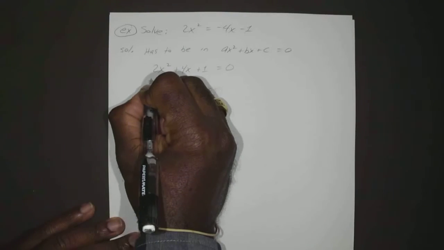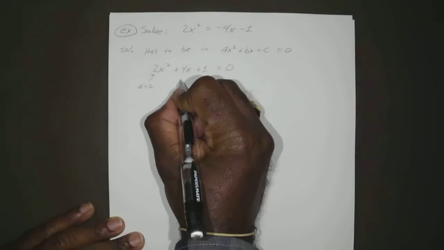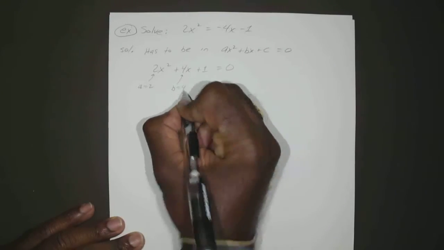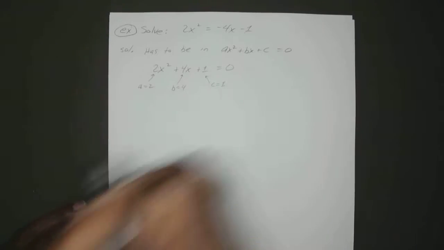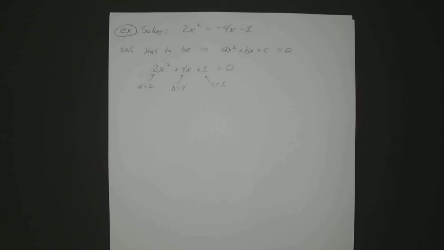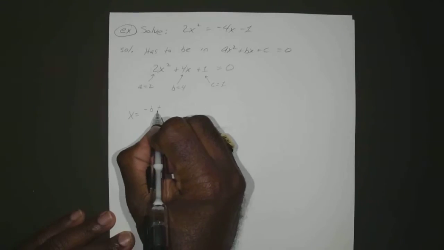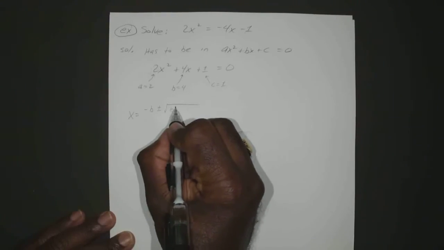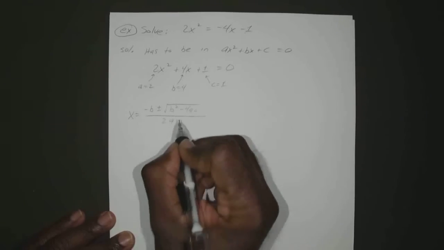Okay, so we know now our a is equal to 2, our b is equal to 4, and our c is equal to 1. Okay, so we know that x is equal to negative b plus or minus the square root of b squared minus 4ac all over 2a.